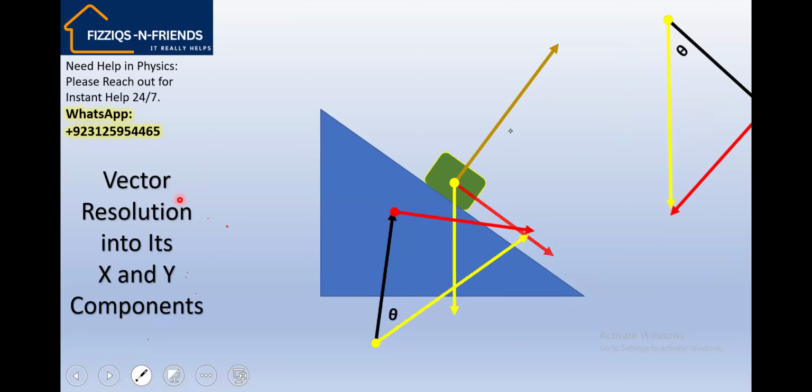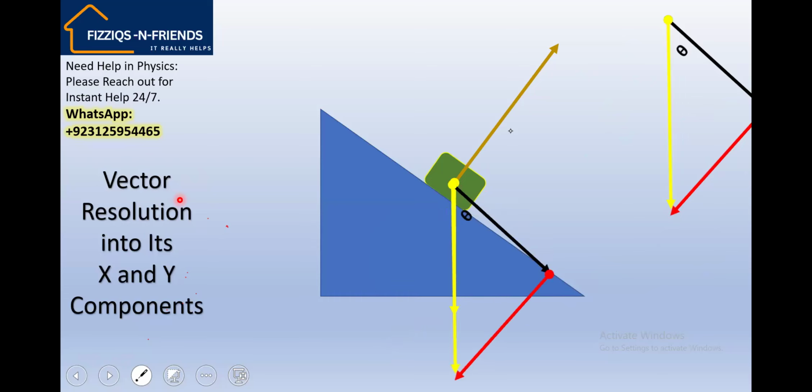Yeah, like this. And you see, the weight is now being divided into two components. One is this, which is W cos theta. And this is W sine theta. And this is your W and this is your normal force, right?